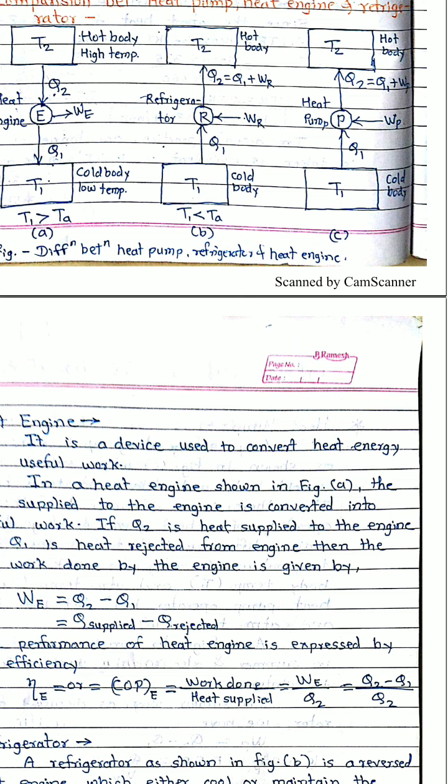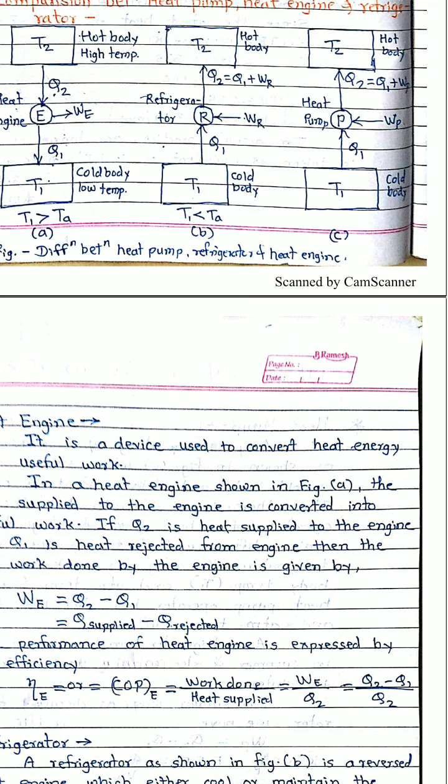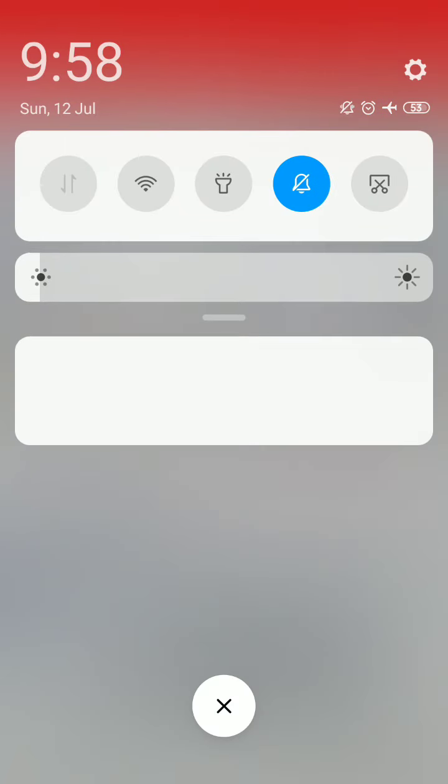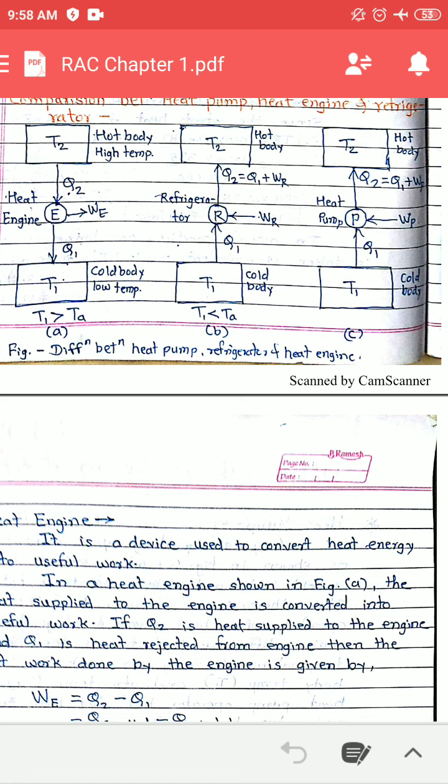At that time the reverse of the refrigerator takes place, meaning the heat pump will extract heat from the surrounding and reject it into the room. So it is working between the surrounding temperature and room temperature, which is at a higher temperature.